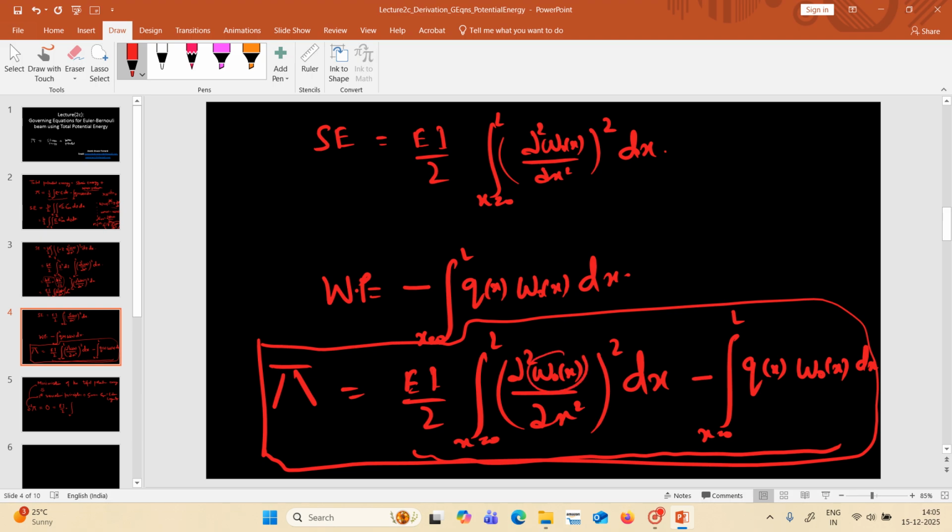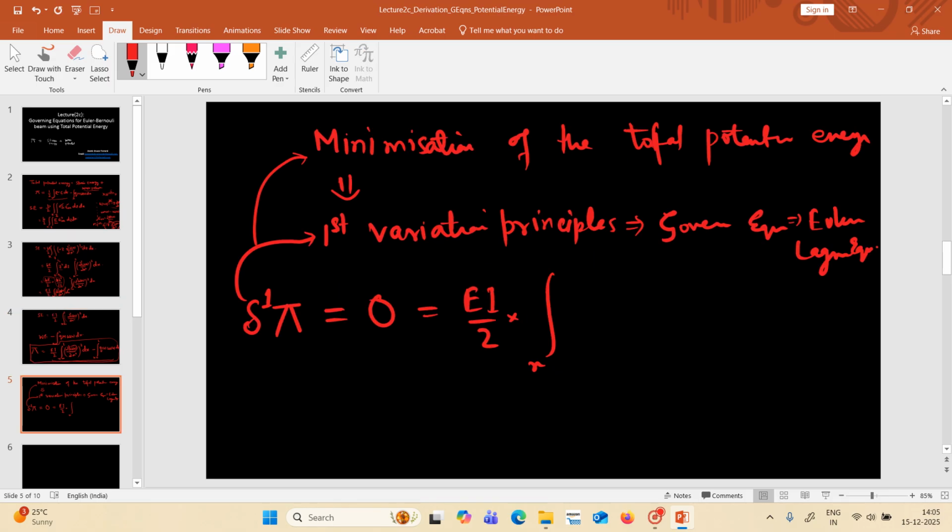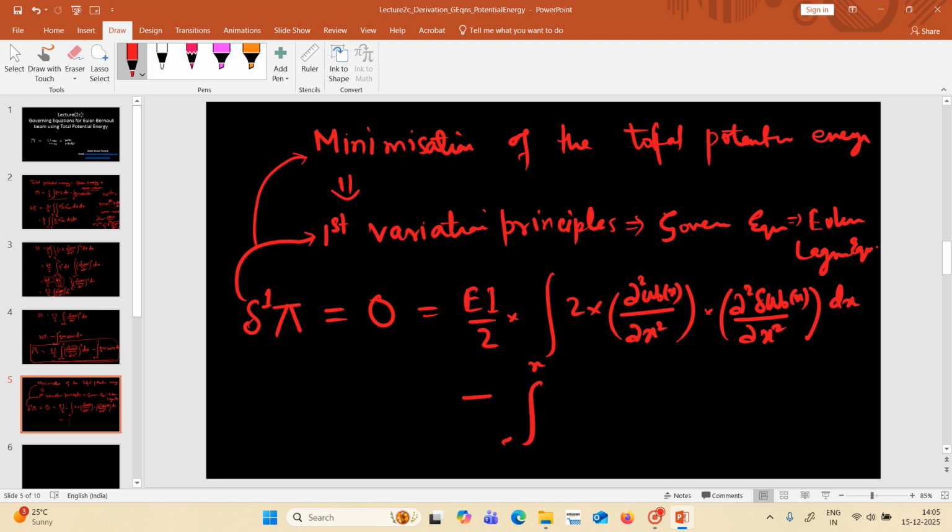That is the W naught of x, so it will go inside, so the power 2 would come out, and it would be like this, 2 into del 2 W naught of x, just like the chain rule for the derivative, multiplied by del 2 delta W naught of x by del x square, dx, minus the second part, x equals 0 to L, the work done is Q of x into delta of W naught of x, dx.